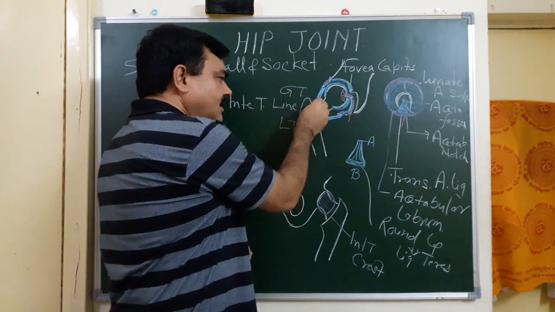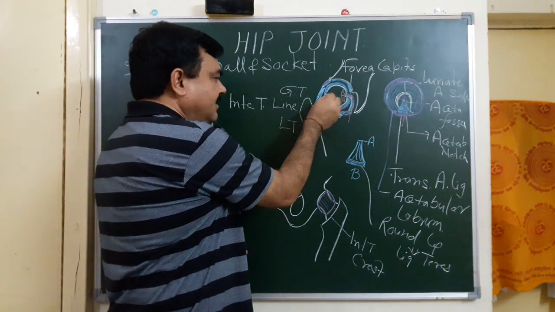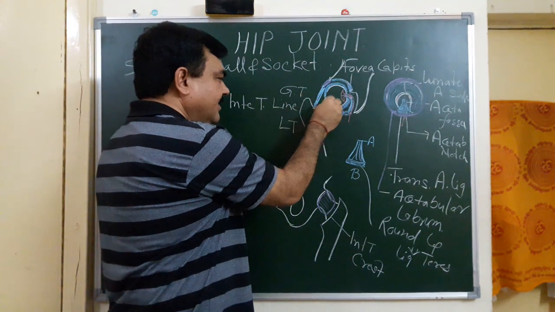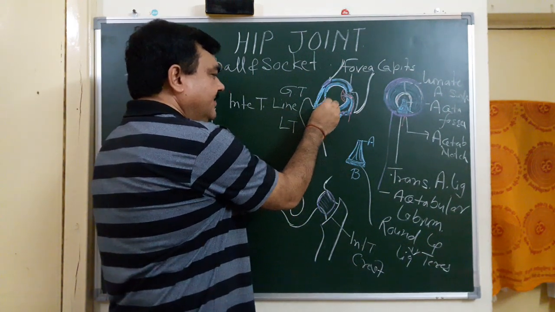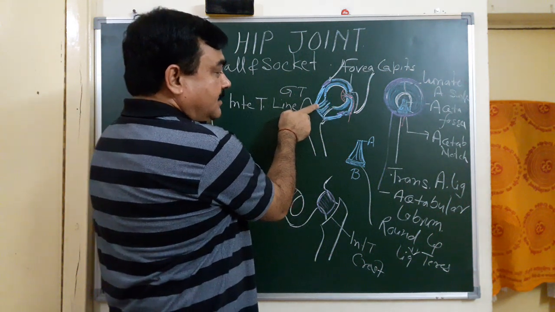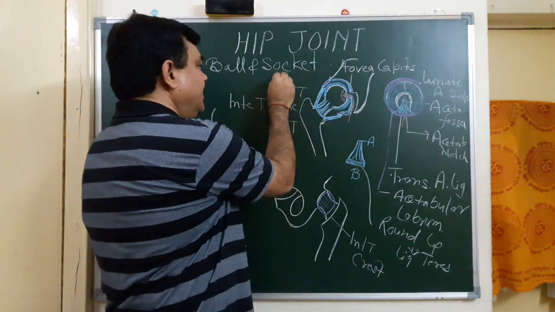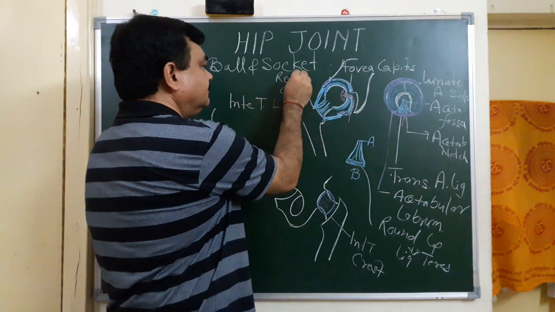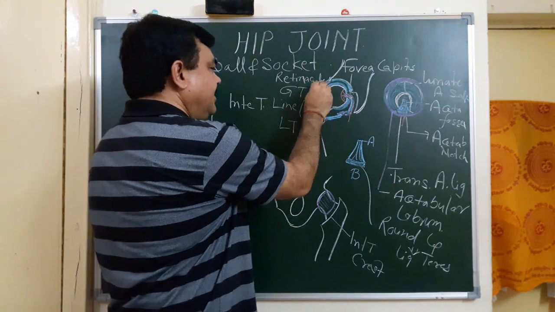This outer part on the anterior superior side reflects on the neck and forms retinacula. These are more prominent on the anterior superior part. This is the retinaculum.